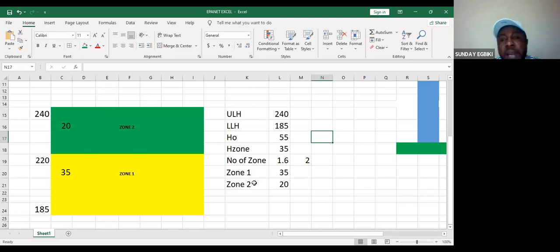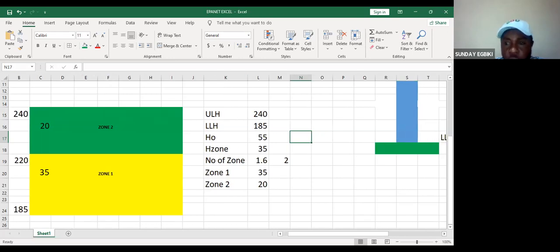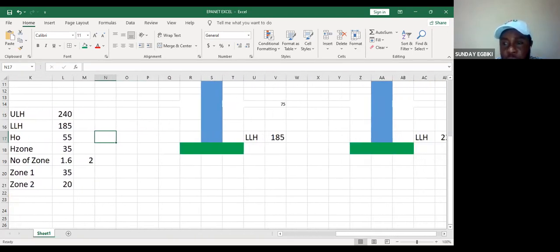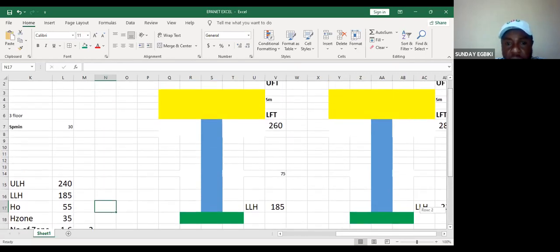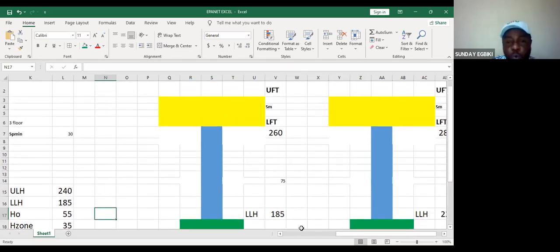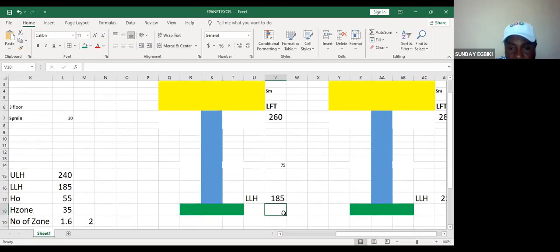Okay, good. Now, when we come to know the height at which we are going to put our tank, this is zone 1. This is the height, this is the stanchion, normal base. Then the lowest limit of housing, we take it from the lowest level, which is the elevation difference from here to here. This is the lowest level of the tank.